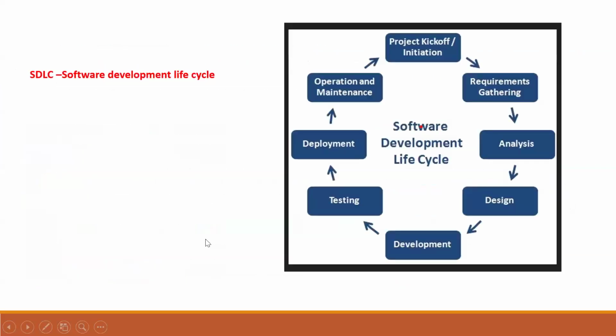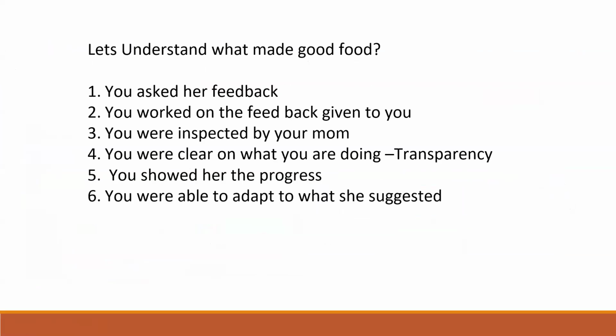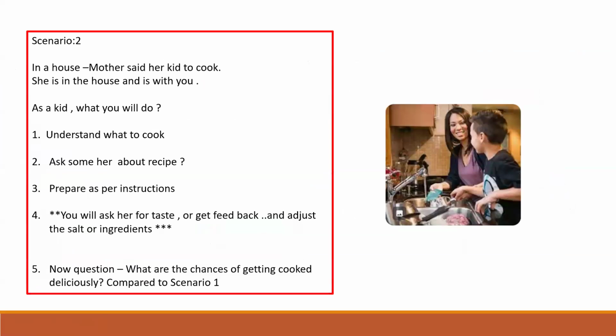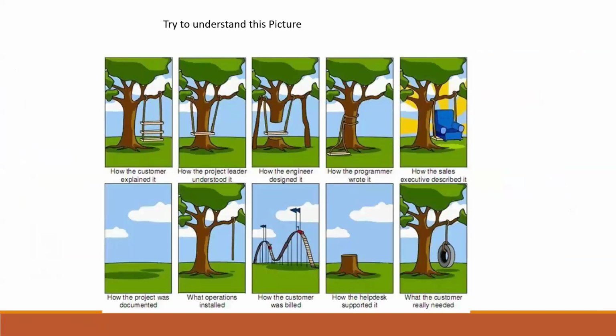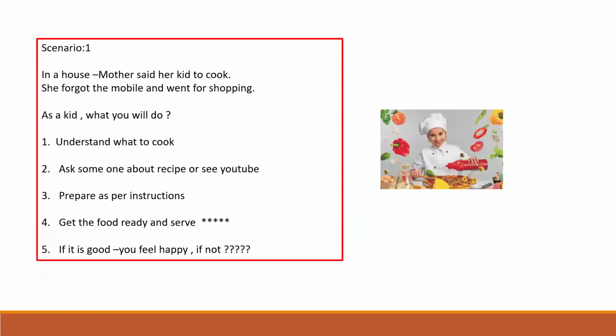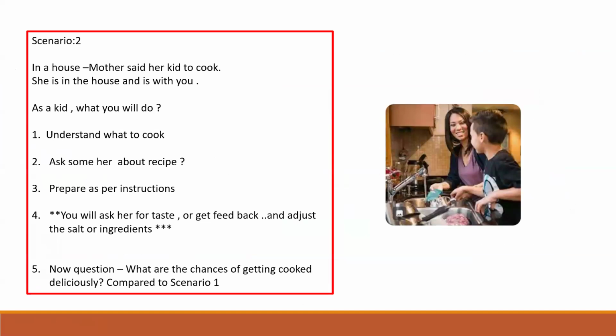Okay. So in the previous session, we started on the drawbacks of the waterfall model, the previous way of working, and we took some scenarios, like a cooking example by a kid.